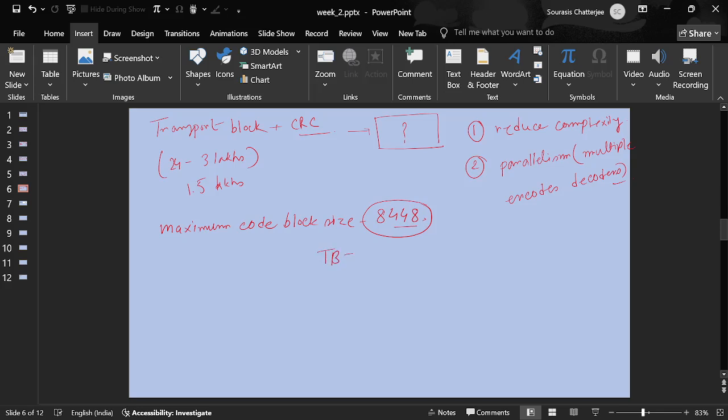I have the transport block plus CRC. If this is more than 8448, I'm going to break it down into at least two and possibly more code blocks, where I will have a CRC here also.